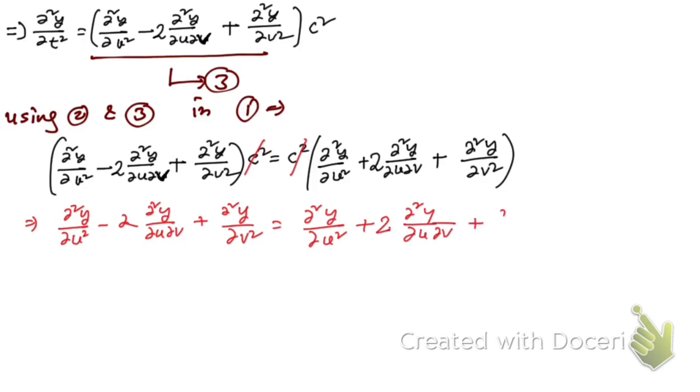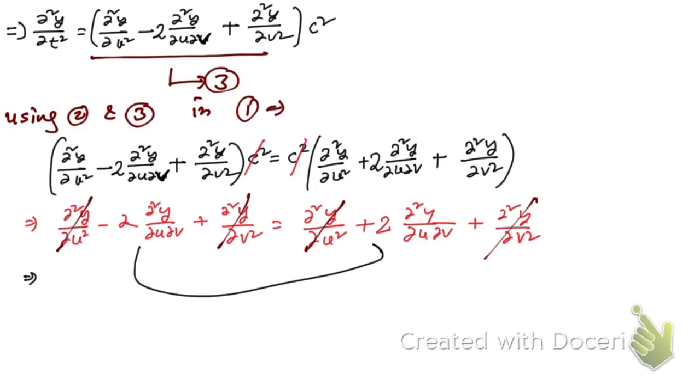Now here what we have got, this one cancels, this one cancels. So after cancellation, if you transfer this one to the other side, and one more thing, -2 and +2 are going to be cancelled, right? Sorry, if you divide both sides by 2, here you see, just wait. So this is what we have got.